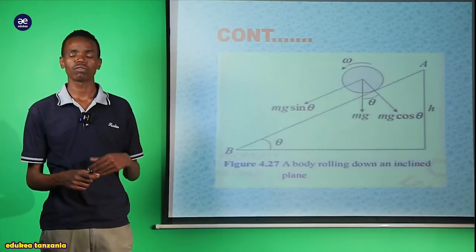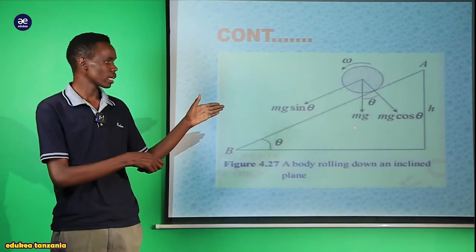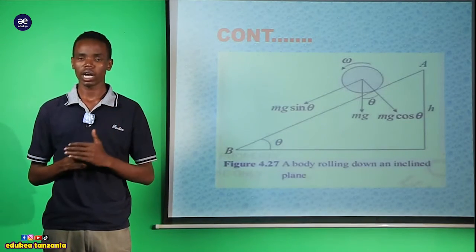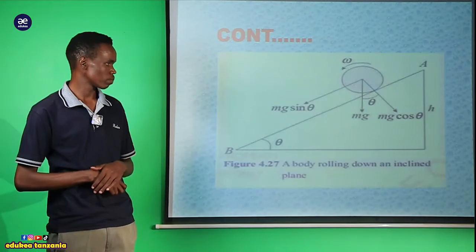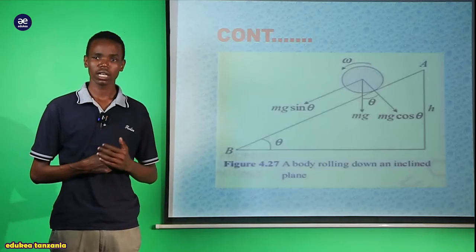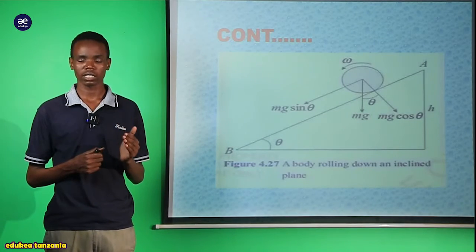This is obtained from SOH CAH TOA here by assuming that mg becomes the resultant or the hypotenuse, my dear students.